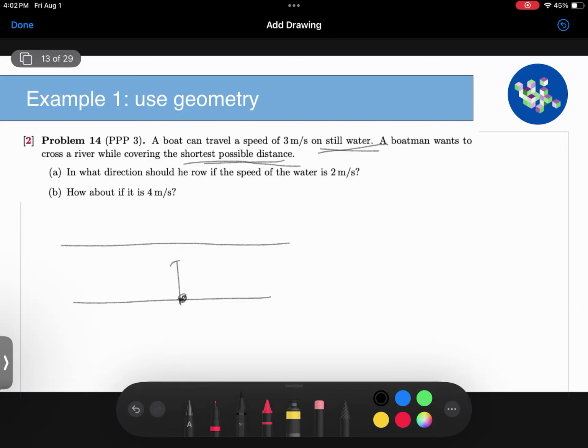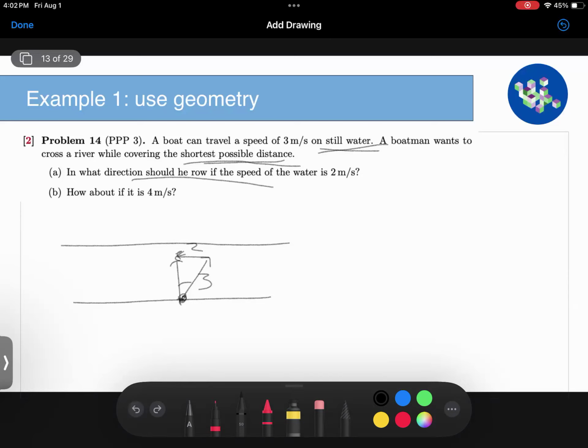That happens if this is 3, and this is 2. So I'm basically just forming a right triangle. This has magnitude 3, this has magnitude 2. In what direction should you row? Remember, this one will be the direction he's rowing.